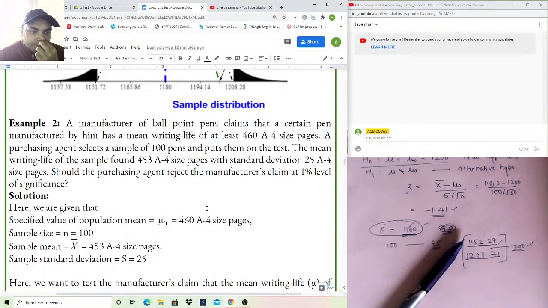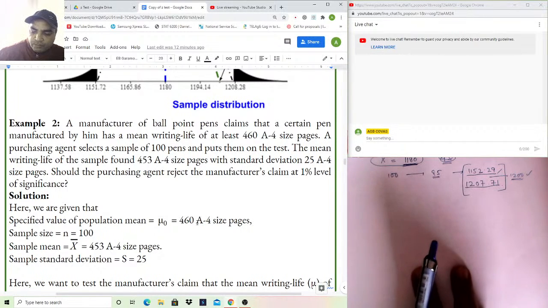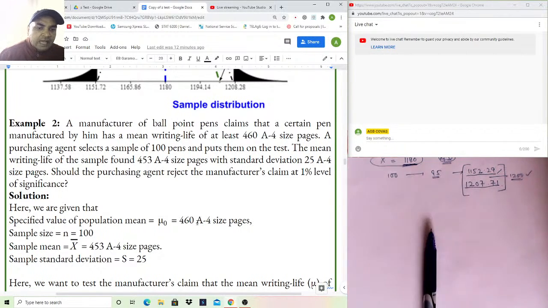Say, for example, a manufacturer of a ballpoint pen claims that a certain pen manufactured by him has a mean writing life of at least 460 A4 size pages. That is, if you start writing with that pen, you can write on 460 pages. A purchasing agent selects a sample of 100 pens and puts them on test.